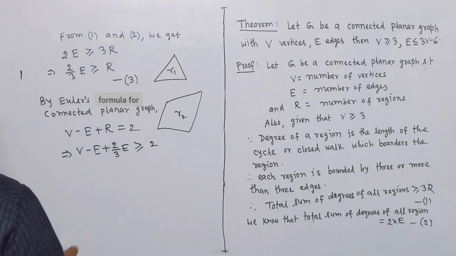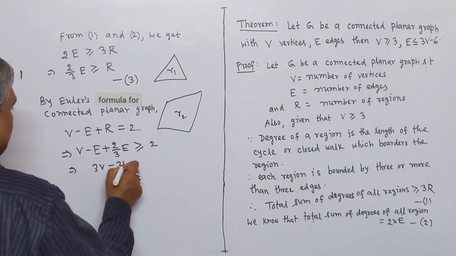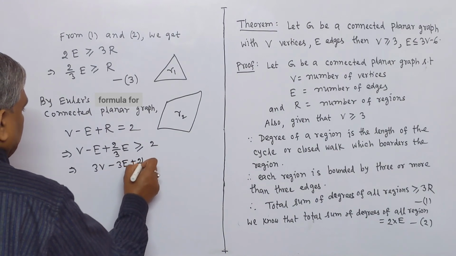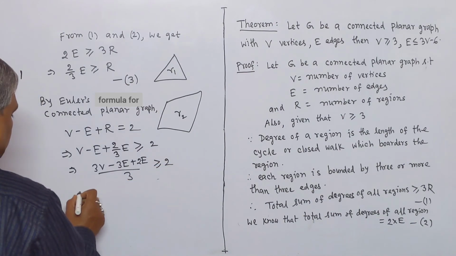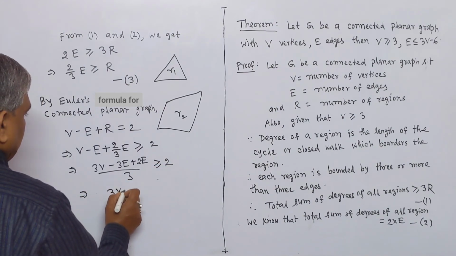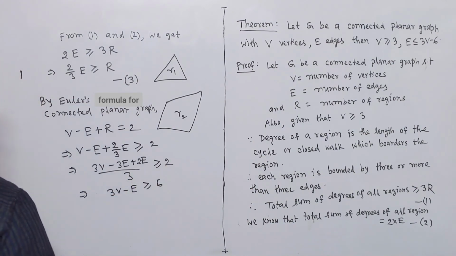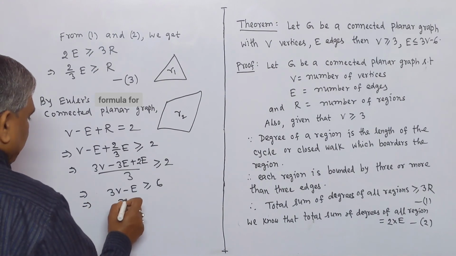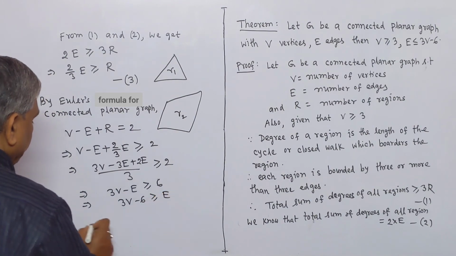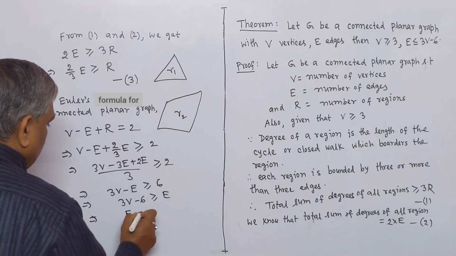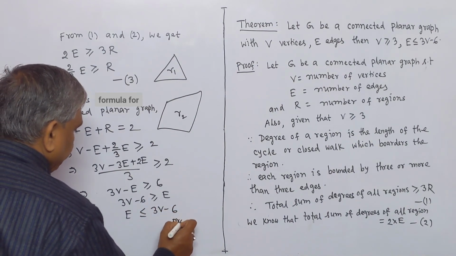Greater than or equal to 2 implies that 3V minus 3E plus 2E greater than or equal to 6, implies that 3V minus E greater than or equal to 6, implies that 3V minus 6 greater than or equal to E. We may write this as E less than or equal to 3V minus 6. Proved.